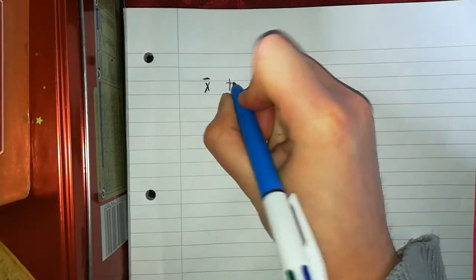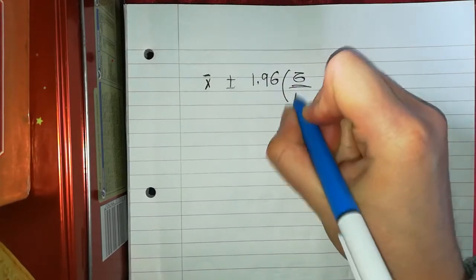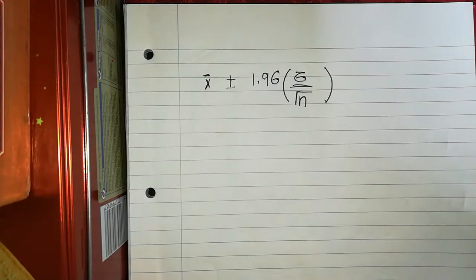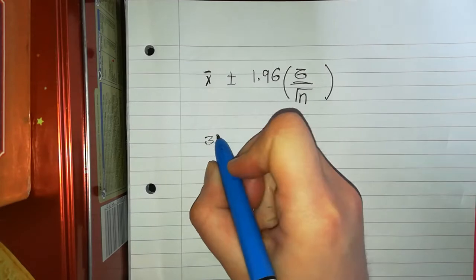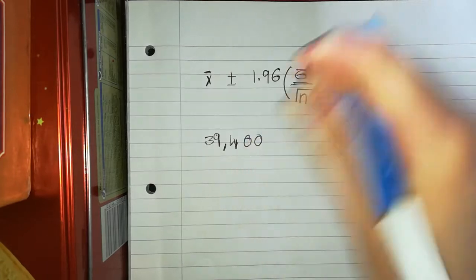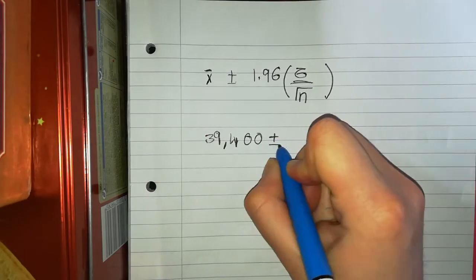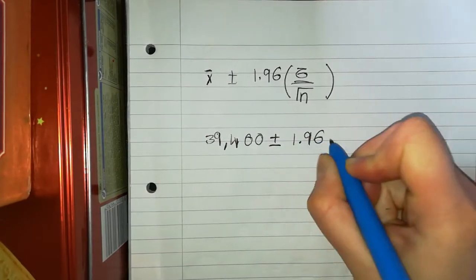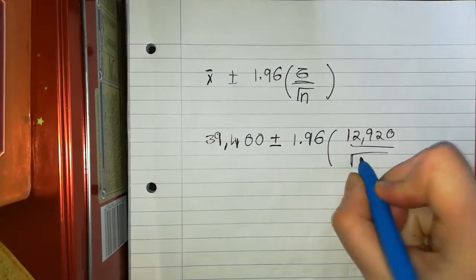The confidence interval is the mean plus or minus 1.96 times the standard deviation over the square root of the sample size.